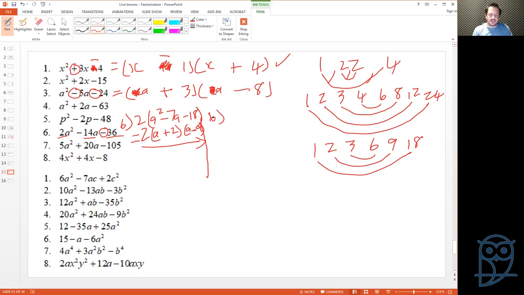So we are then going to have to look at factors of 2 and of 36. So we have a 2 and a 1, and then we're going to need factors of 36 to give me 14. Well, what multiplies to give 36? Well, 1 and 36. There's 2 and 18.